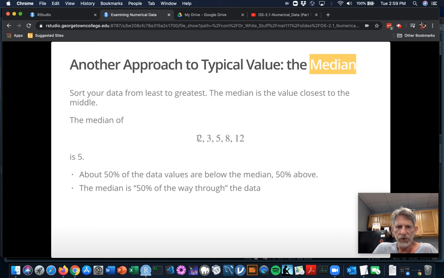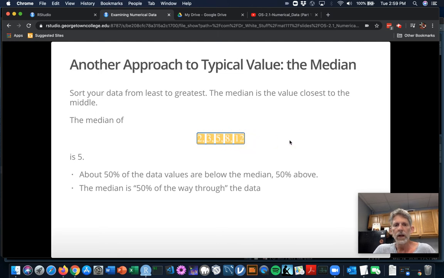Well, what you do is you just sort your data from the smallest to the largest number. So here's our small data set here, from the 2 all the way up to the 12. And then you find the data value that's closest to the middle. So that would be the 5 here. That's exactly in the middle.